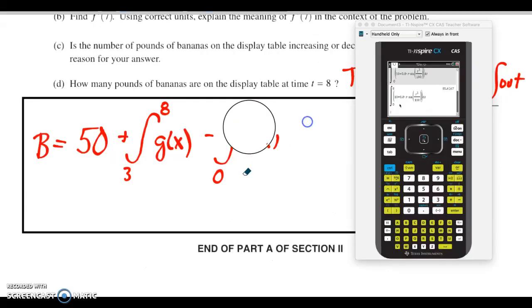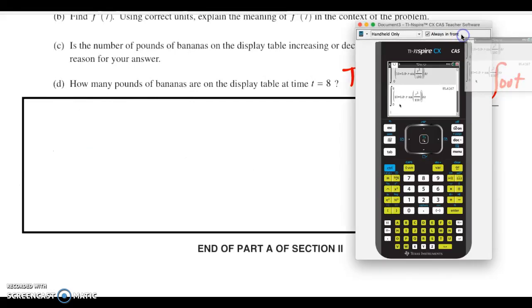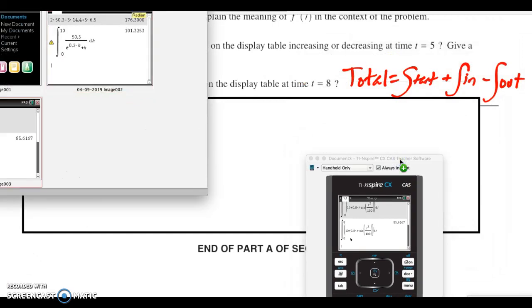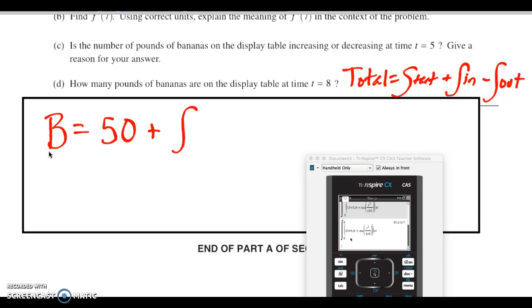Okay, what we're going to look at now is how many pounds of bananas are on the display table at time t equals 8. Well, the beauty of this one, our favorite type, once you want to know a total number of things, it's going to be total equals start plus the integral of in minus the integral of out. So the total number of bananas is equal to 50 plus the integral of the incoming rate.